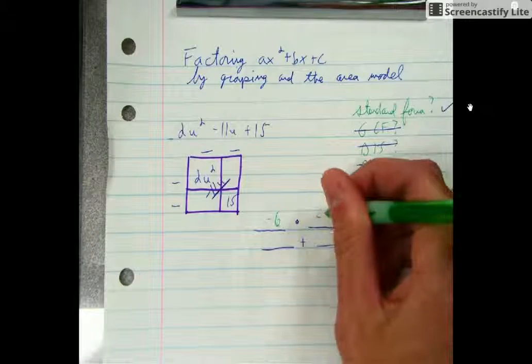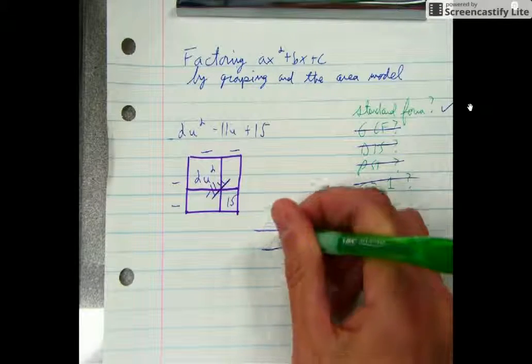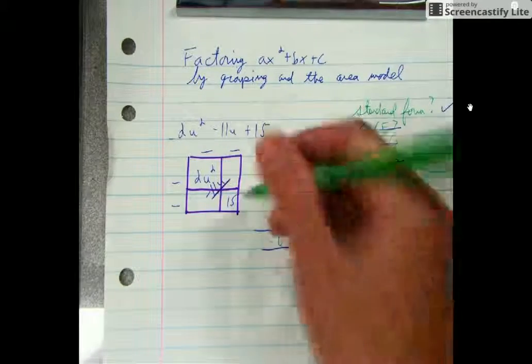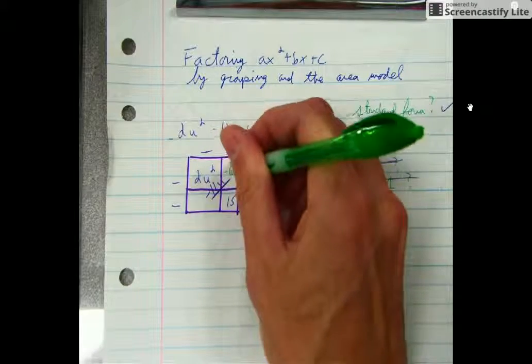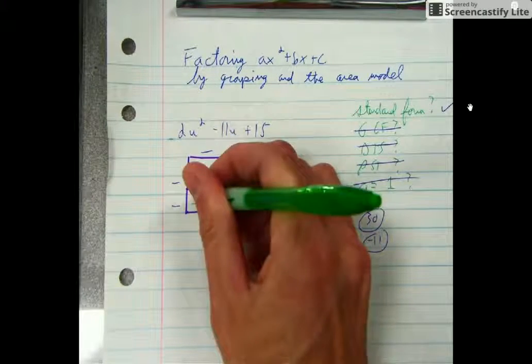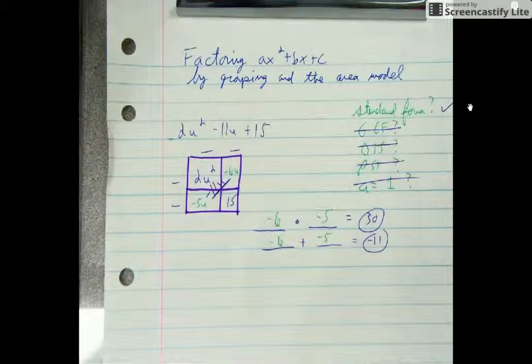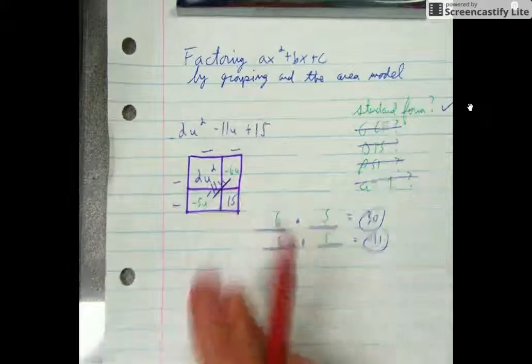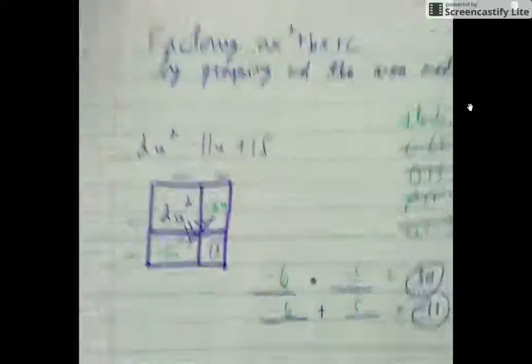Negative 6 and negative 5 are going to meet our needs, which means this must have been a negative 6u there and a negative 5u there. Now, using the area model, I can focus a little bit here.